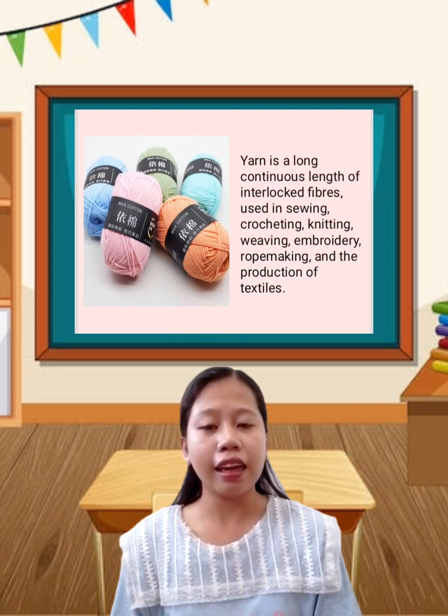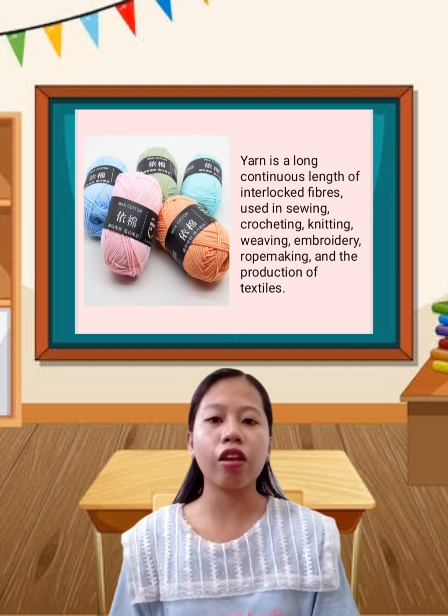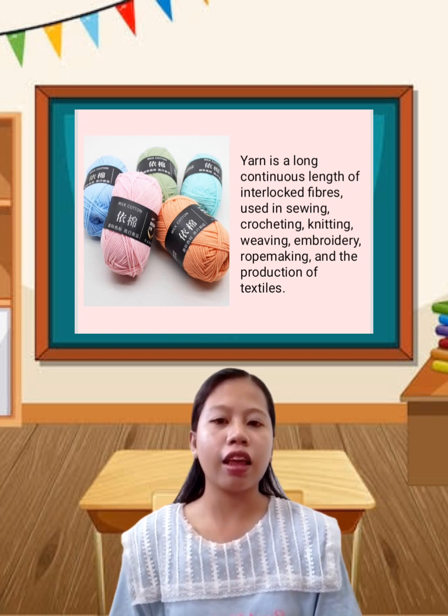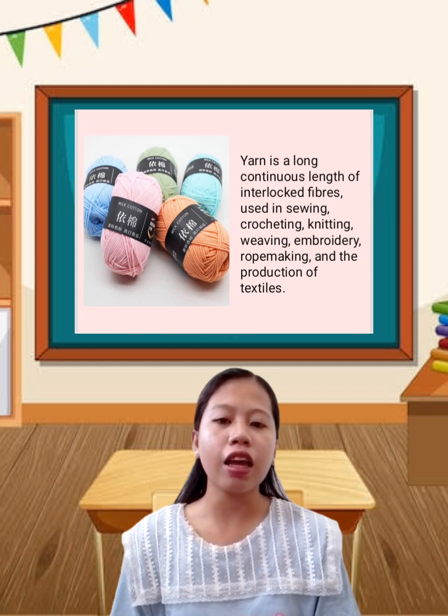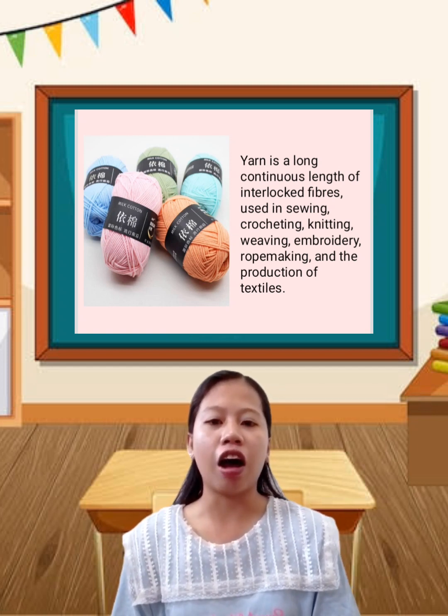And last but not the least is the yarn. Yarn is a long continuous length of interlocked fibers used in sewing, crocheting, knitting, weaving, embroidery, rope making, and the production of textiles. So I have here different tools used in crocheting.